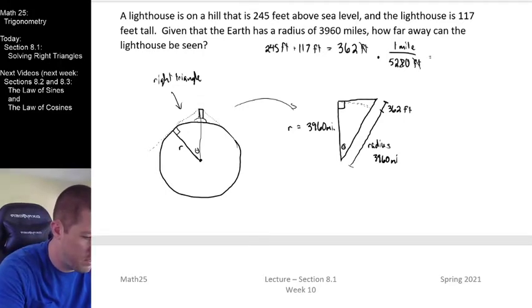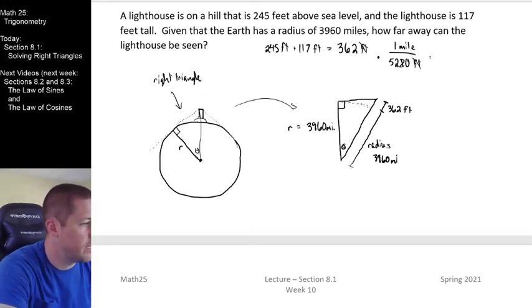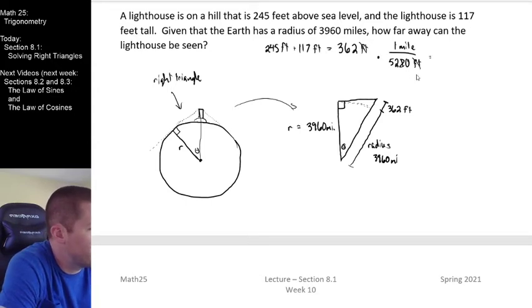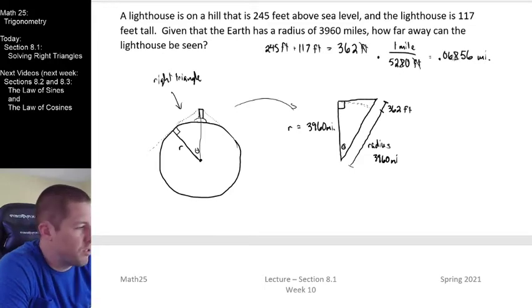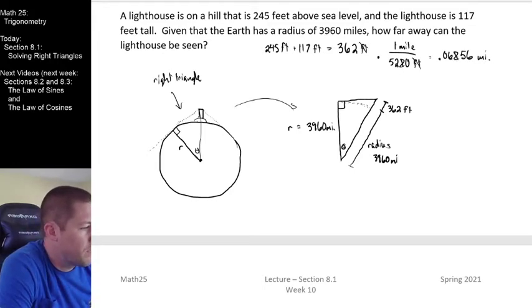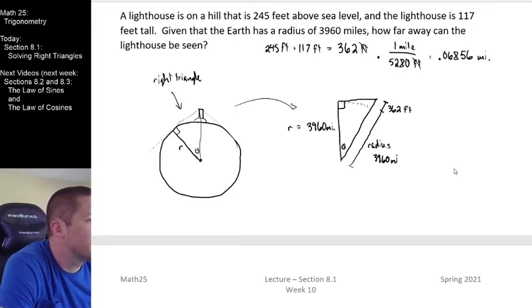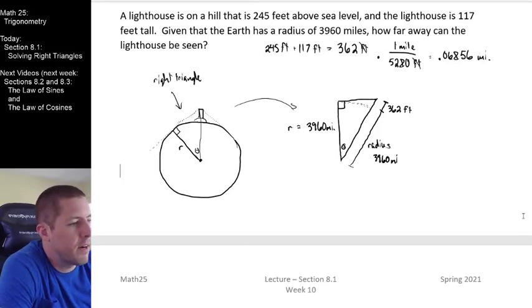Desmos, my calculator, is telling me 0.06856. So that's how many miles the lighthouse is above sea level. Not very many because it's only a couple hundred feet, right? 0.06856. Just making sure I wrote down my numbers correctly.